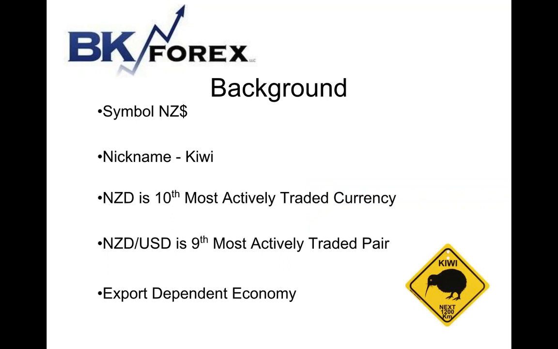Yet, it is the 9th most actively traded currency pair, very, very active, with lots of opportunity to speculate. How is this possible? It is a country so tiny that it almost seems irrelevant, and yet so active. And it goes back to that whole Anglo-Saxon structure of the currency market.